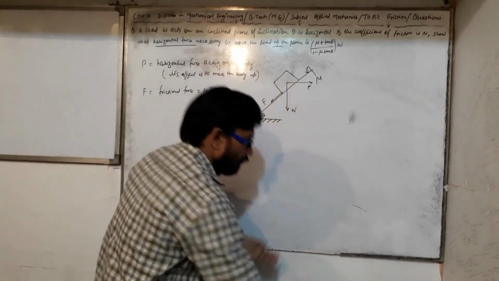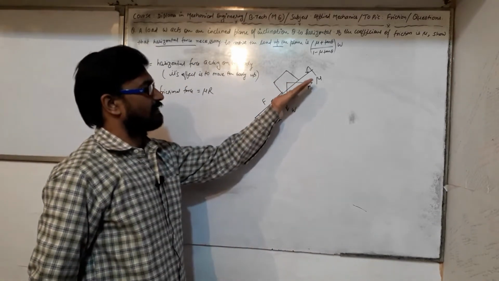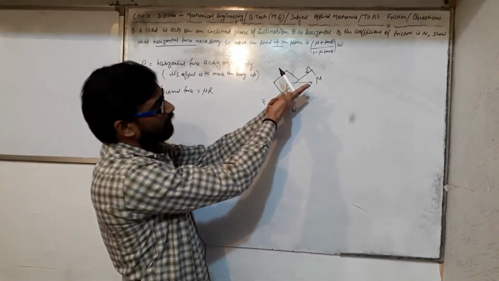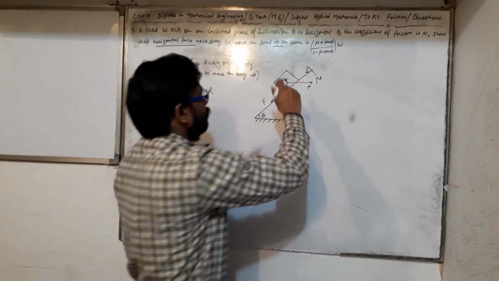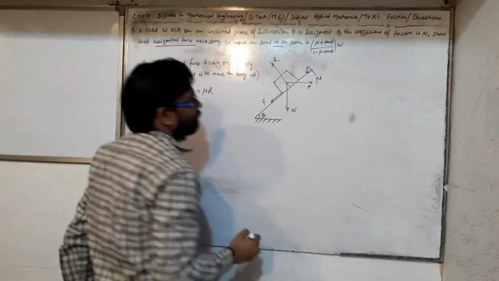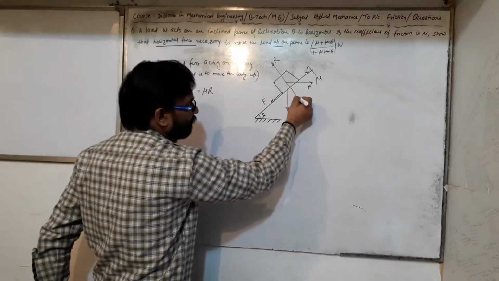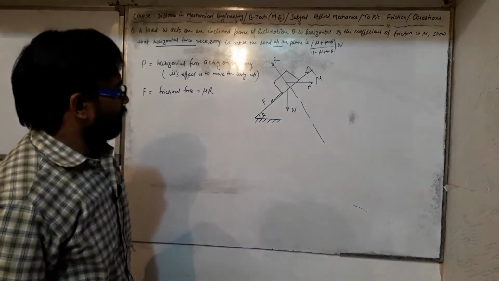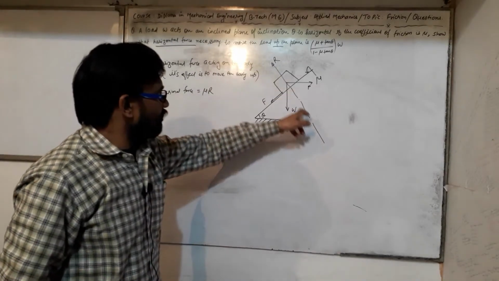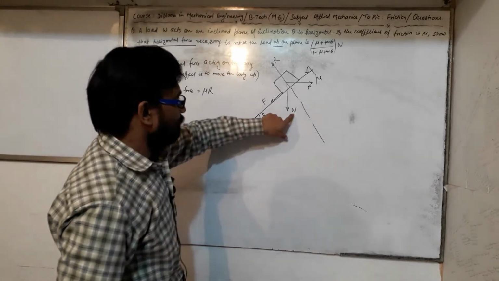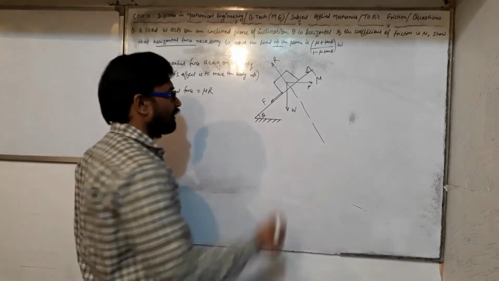If the inclined plane is here, the normal reaction would be perpendicular to the surface, acting in this direction. Taking this line of action, W will have two components.